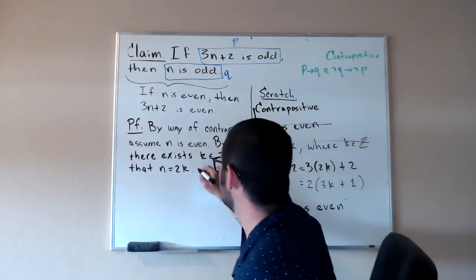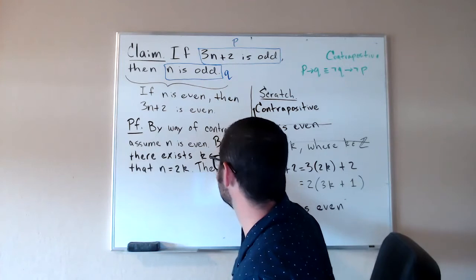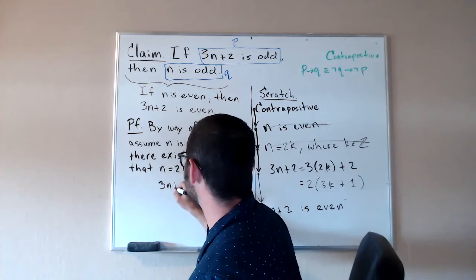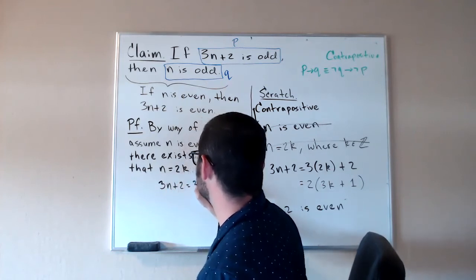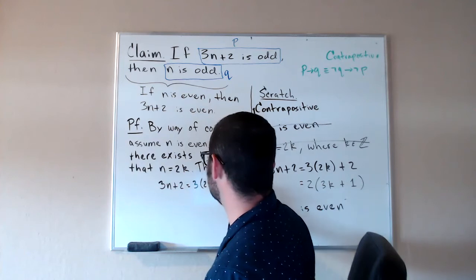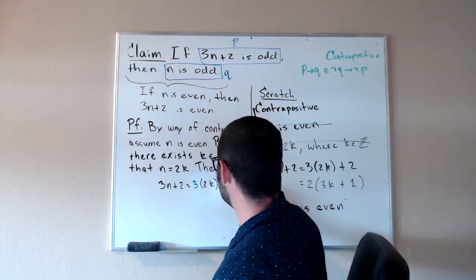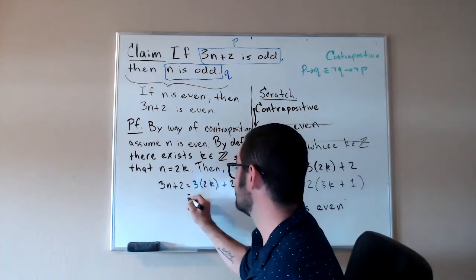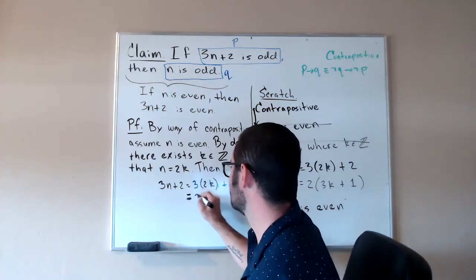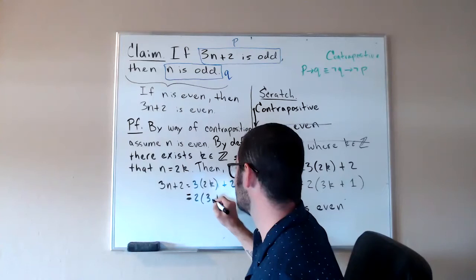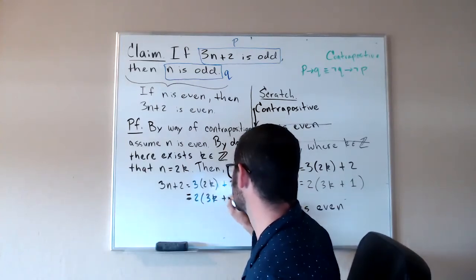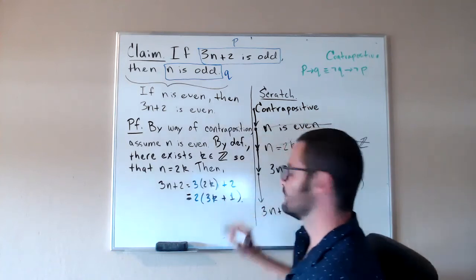So then you could say something like, then 3n plus 2 is equal to 3 times 2k plus 2. And then factor out the 2. Like that.